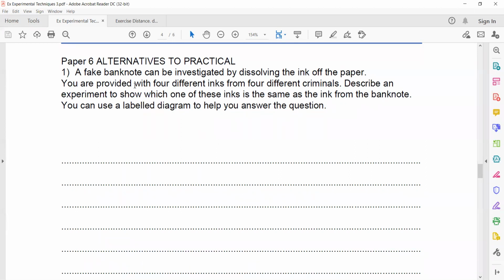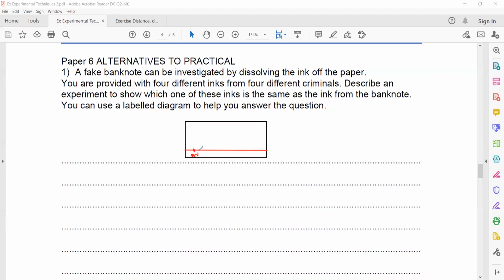So simply, I will write the answer, but first the explanation. We'll use chromatography. To carry out this chromatography, this is a chromatogram which we will take. Then we will draw the origin with pencil. Here we will place ink from the banknote, I'm writing BN.